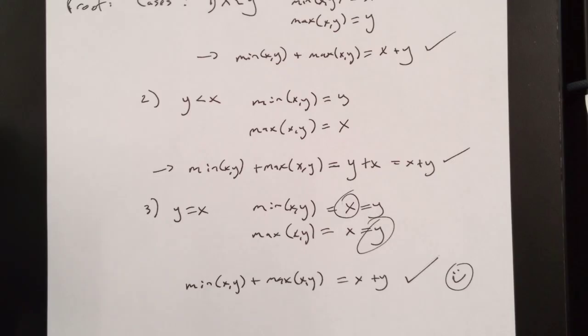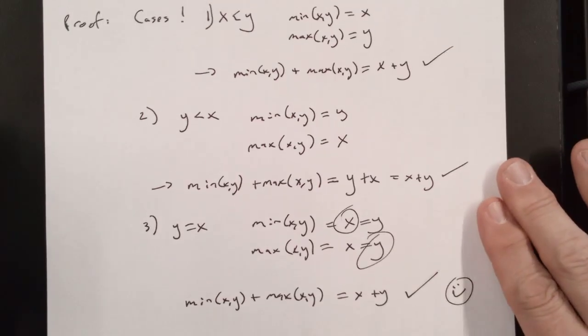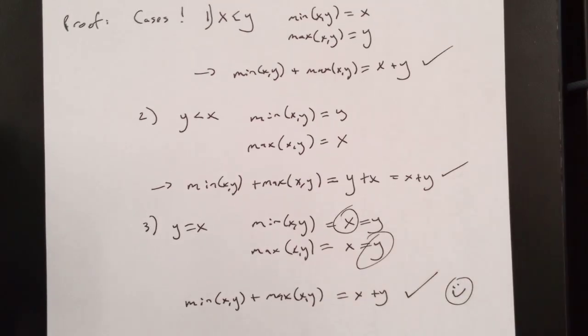I am inherently a lazy human being. My goal is to write the shortest, most concise, smallest argument I can write. And when I look at this, I look back at proof cases 1 and 2, and I say to myself, didn't I really do the same thing? I just changed the name.